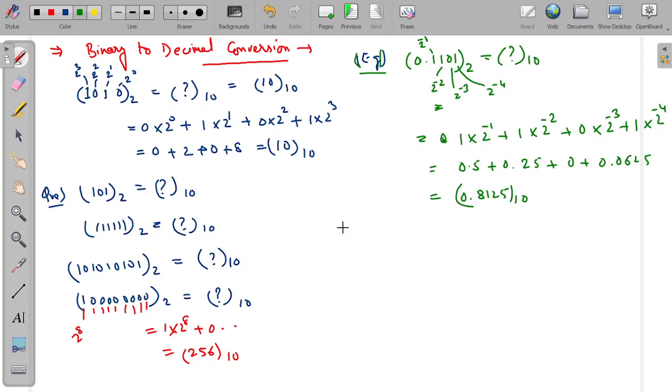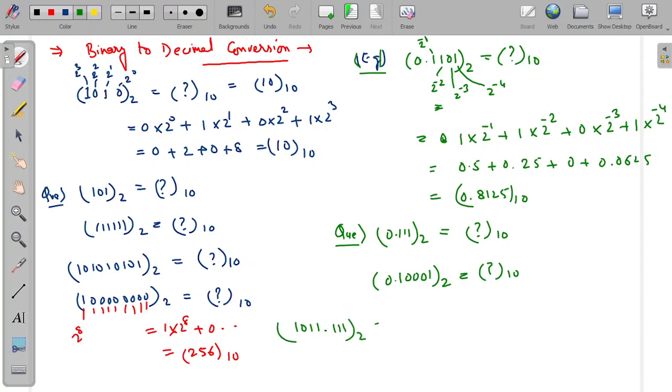Okay, similarly you can practice some more conversions. So for example, 0.111 in binary is what in decimal. Do this. 0.10001 in binary is what in decimal, or we can combine them: 1011.111 in binary is what in decimal.